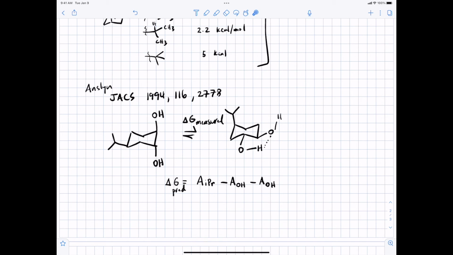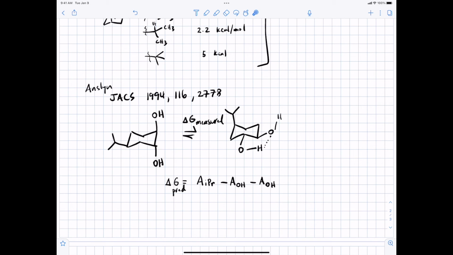No, because the A value is a free energy difference, and so it refers to a change. So the A value that applies, for example, for isopropyl is for going from equatorial to axial. So for that process, we are going to use the A value because that's uphill in energy.